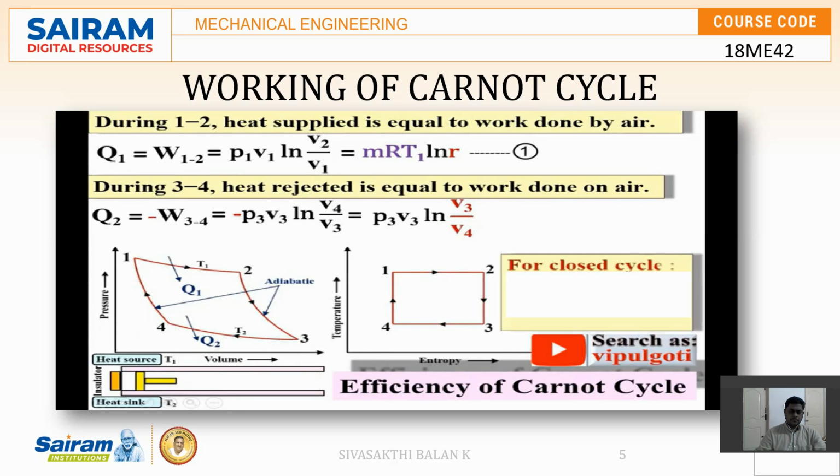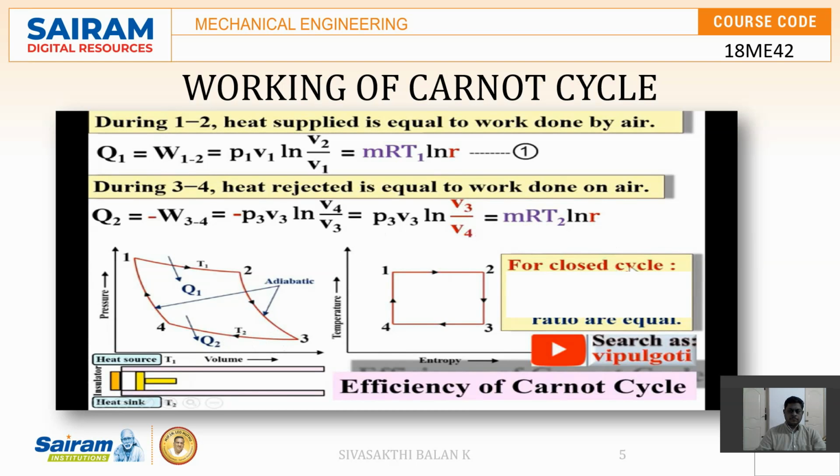And as you know, for the closed cycle, expansion ratio and compression ratio are always equal. P3 V3 is mRT at temperature T2, so it is mRT2, and this is the compression ratio, so I can say it is ln R.